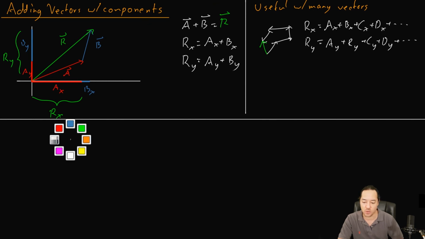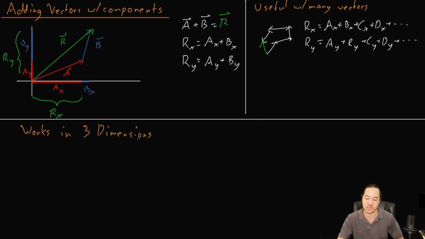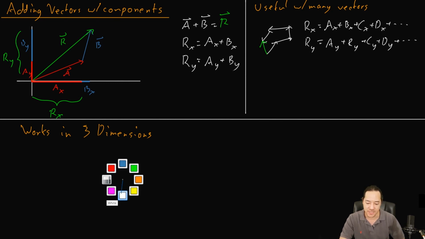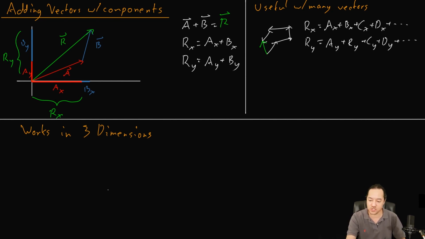And one last thing I want to mention is that this also works in 3 dimensions. Okay, so far we've been on the XY plane stuck with 2 dimensions, but actually this kind of situation works well with 3 dimensions as well.